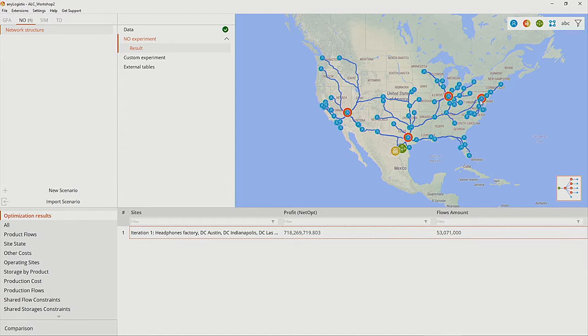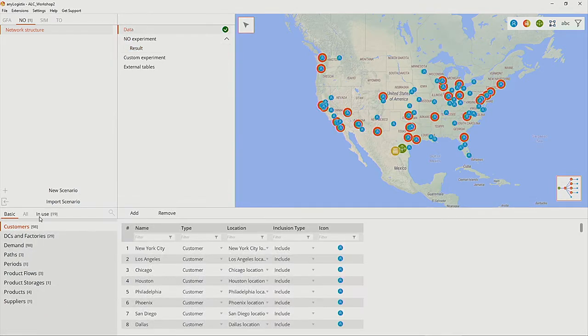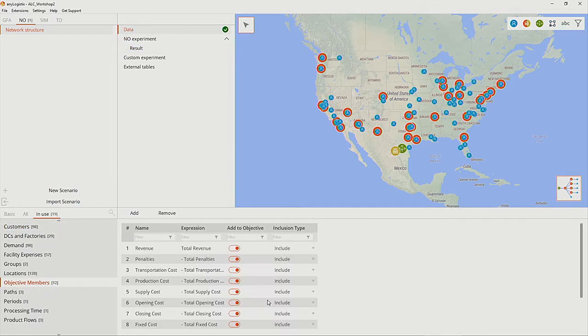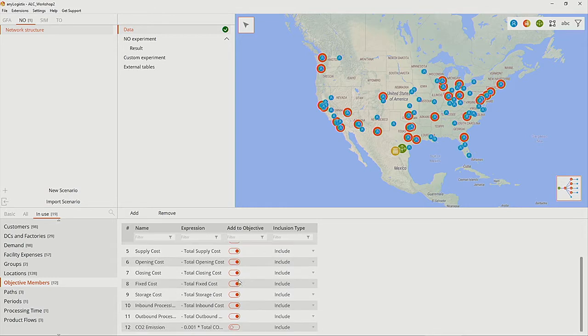In this case, we see 4 proposed locations. What else can I say regarding network optimization? The objective function is customizable, and by default it contains revenue and all the costs and penalties.